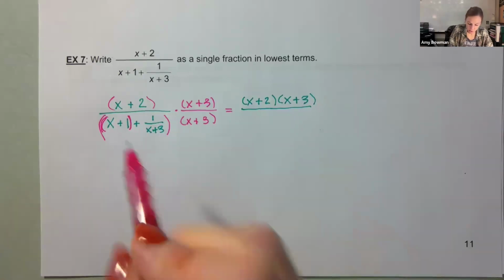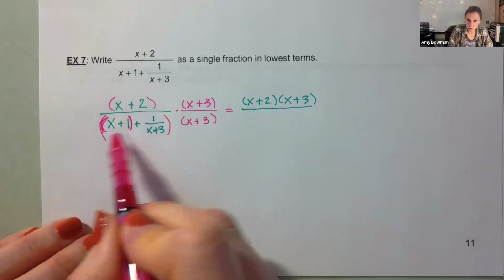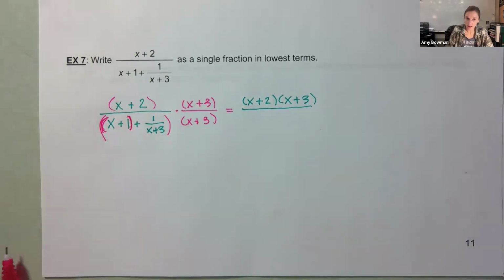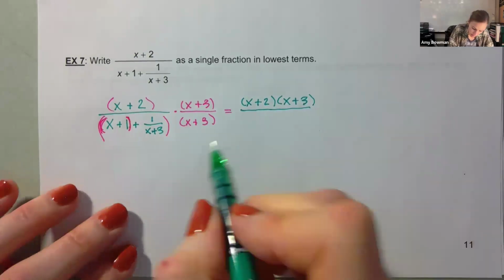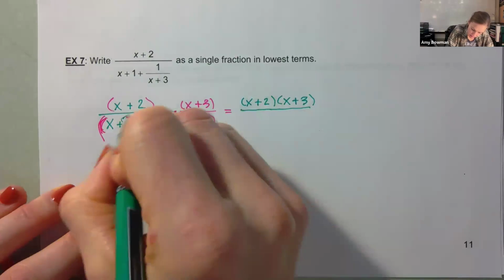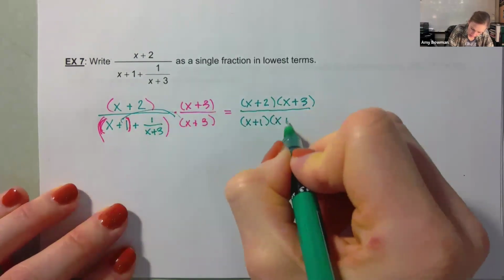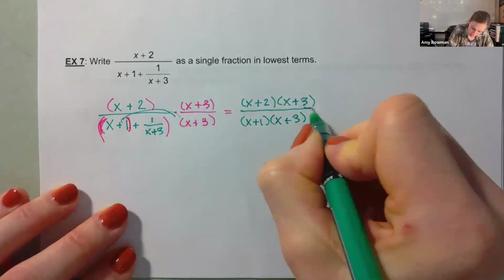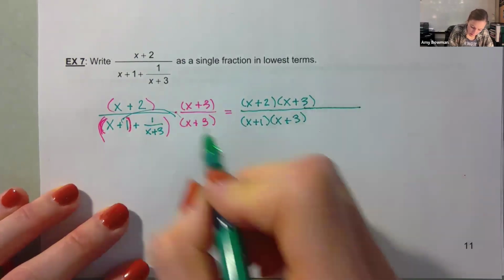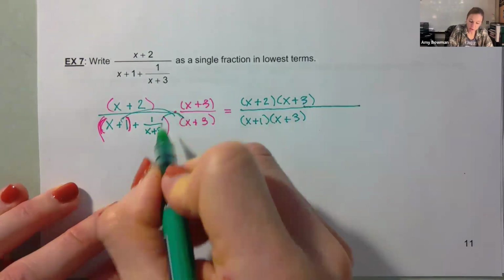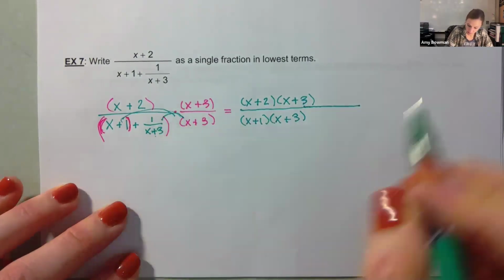You can do that, or you can just do x plus 3 times x plus 1 as a group. We will multiply that out eventually anyways. So x plus 3 times x plus 1. x plus 3. I need to extend my fraction bar. And then when I multiply x plus 3 times 1 over x plus 3, that just results in adding 1.